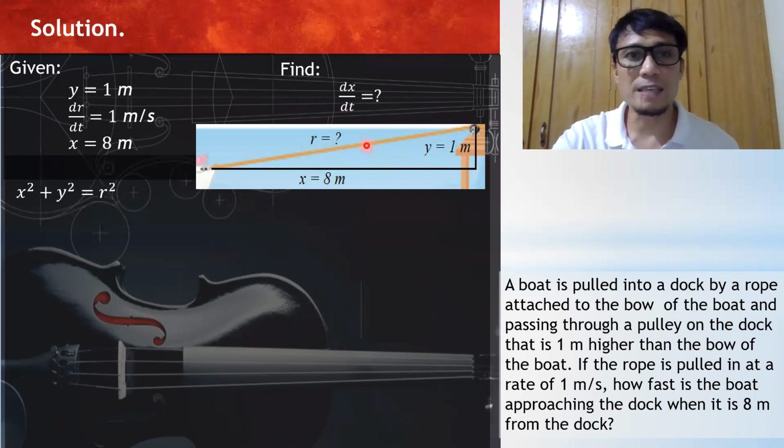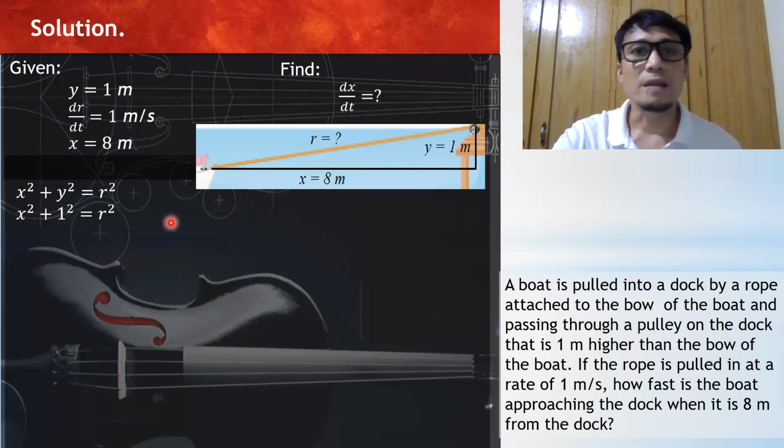So this is changing, and the distance of the boat is changing, okay, as the boat approaches the dock. But your y remains the same, right? So this is fixed. So that means that we can substitute y here. You will have x squared plus 1 squared equals r squared, right?